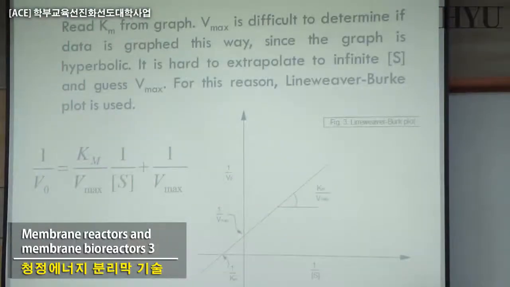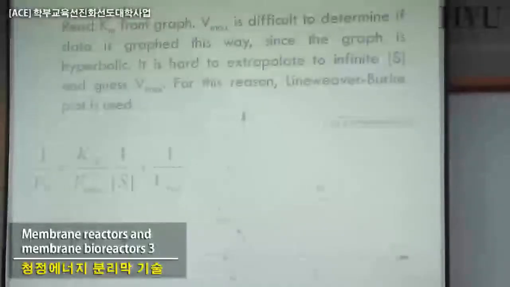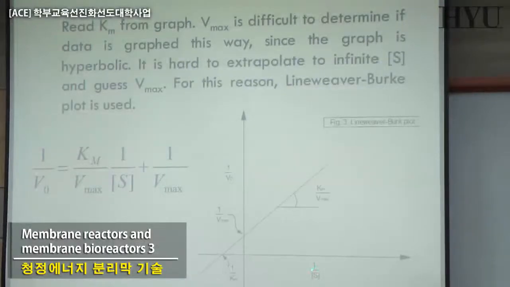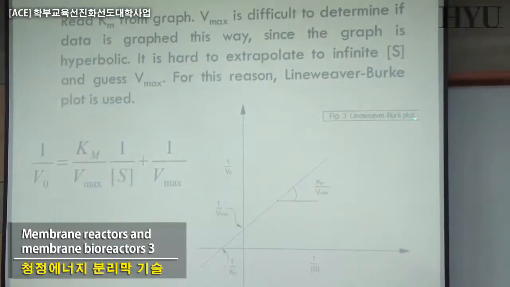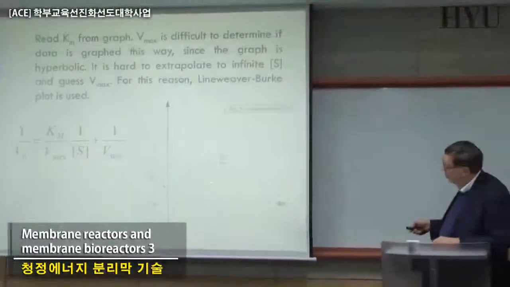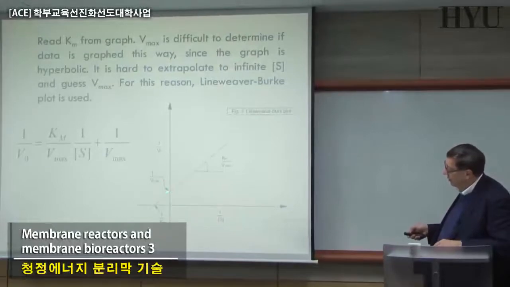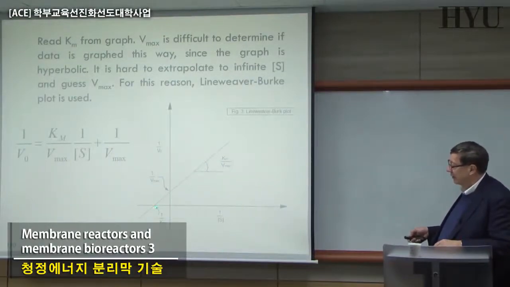And that is one way of doing. There's another way of doing with the same data. You can replot the same data in a different form. Instead of plotting the conversion as a function, you plot 1 over V0, so the inverse of the velocity that you measure, as a function of 1 over S. And you obtain what is called the linear Lineweaver-Burk plot, in which you can see again the intercept here on the ordinate is 1 over Vmax, and this intercept here is 1 over Km.